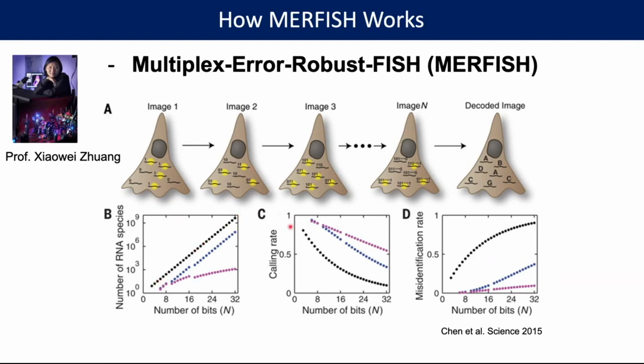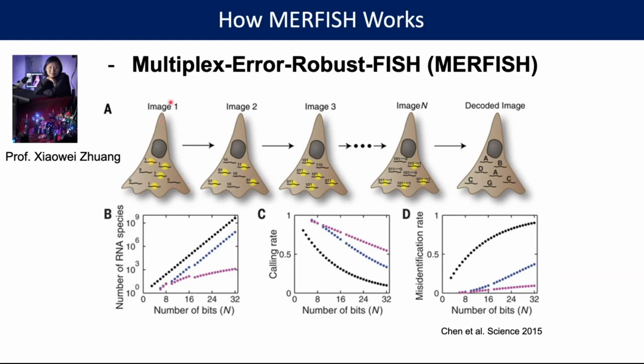You can then see that the error or misidentification rate of those transcripts actually increases tremendously. So you need to have a mechanism, a design of the codebook, to allow you to really confidently, and with a very low error rate, detect those transcripts at a subcellular resolution. And this was really the innovative part in the recipe to get all of this working, I would say, among lots of other things, of course.